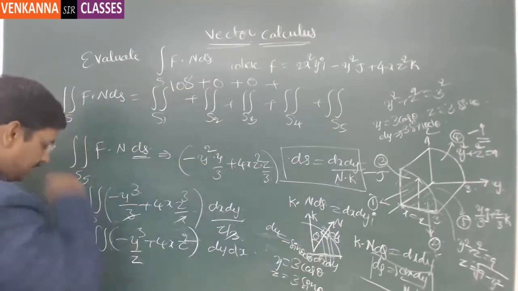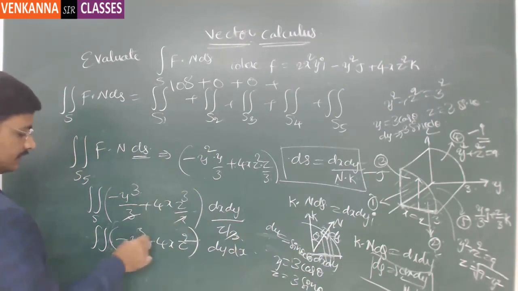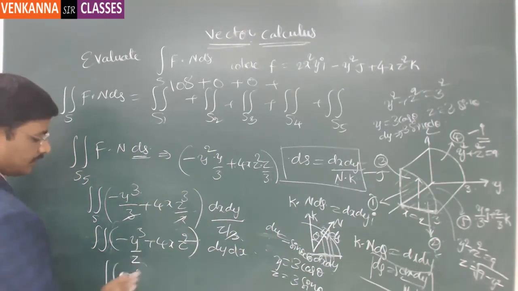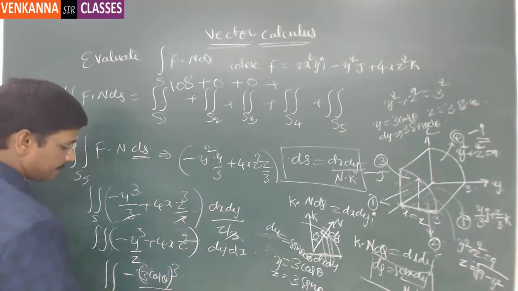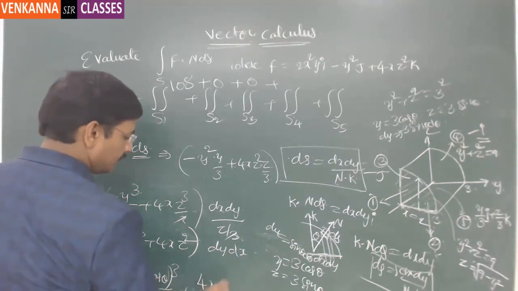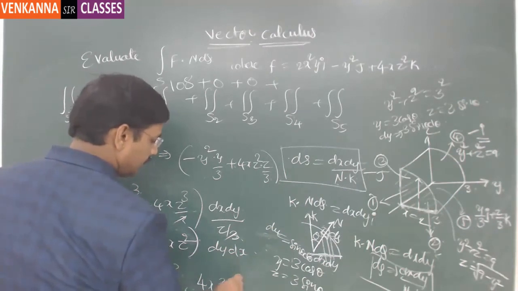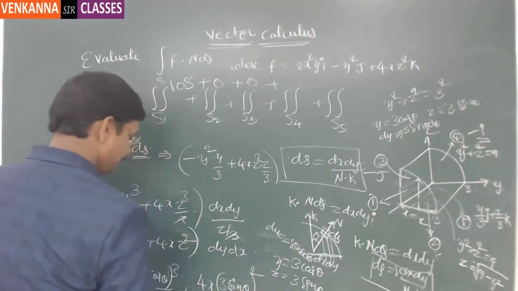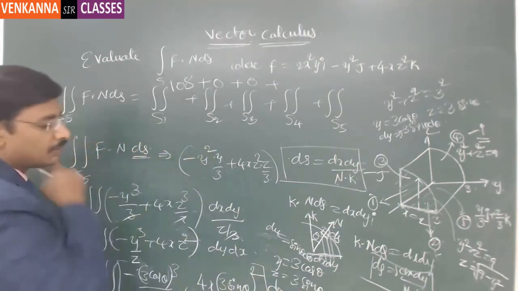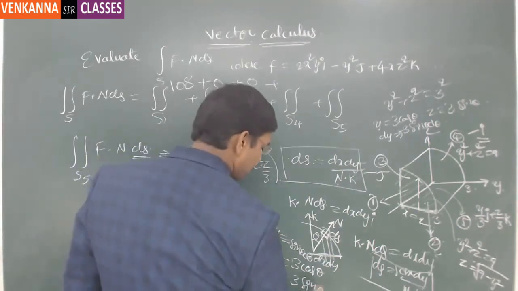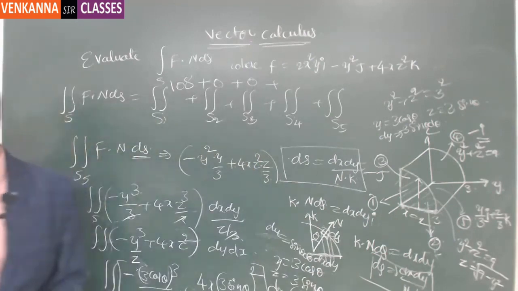So you just replace as it is, double integral over the surface S, this is minus y cube, which is nothing but minus 3 cos theta whole cube by 3 sin theta plus 4x into 3 cos theta, so 3 sin theta whole square, and then dx, and then dy you can replace as minus sin theta into d theta. Got it? Understood? Note down this.